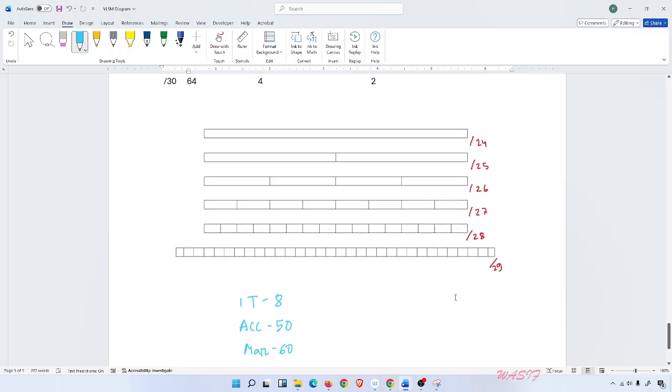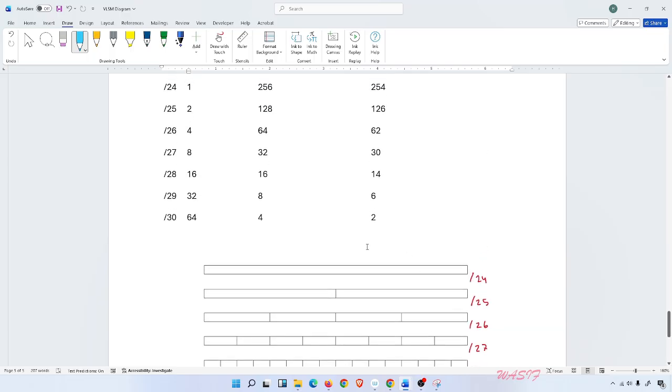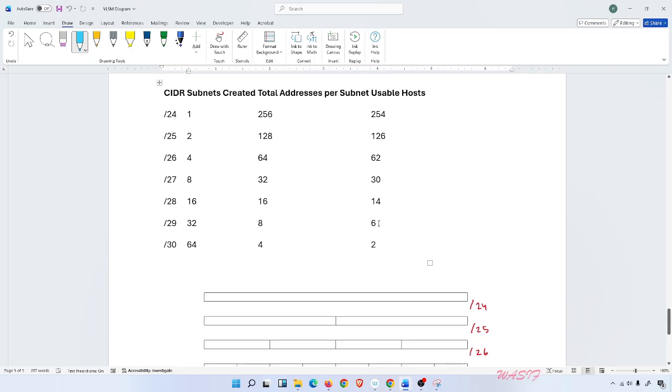Now look at here very carefully. If I need 8 IP addresses, with /29 I have 6 usable IP addresses, so it doesn't solve my problem. But if I take /28, then it solves my problem.